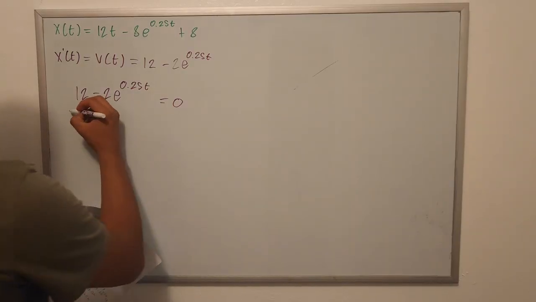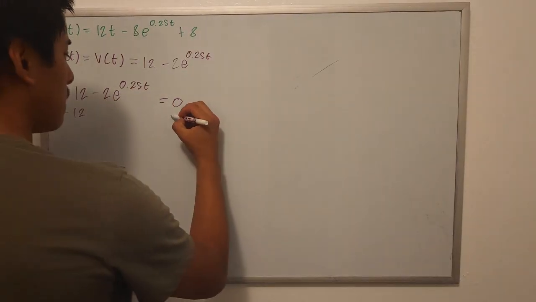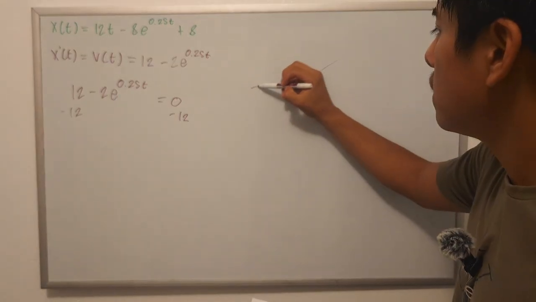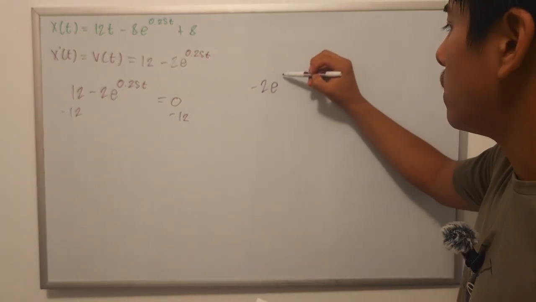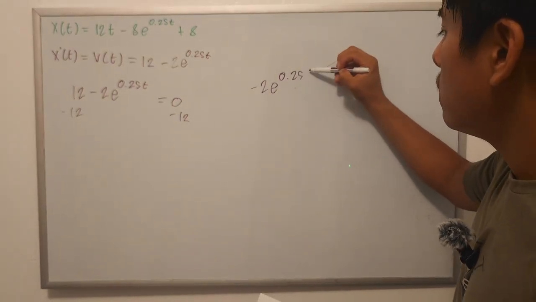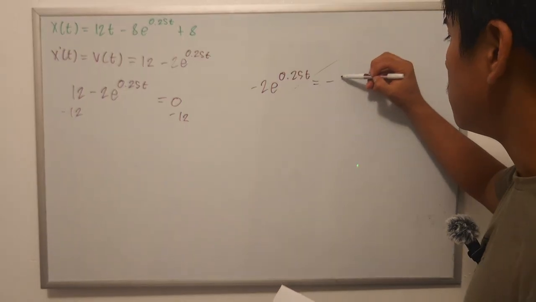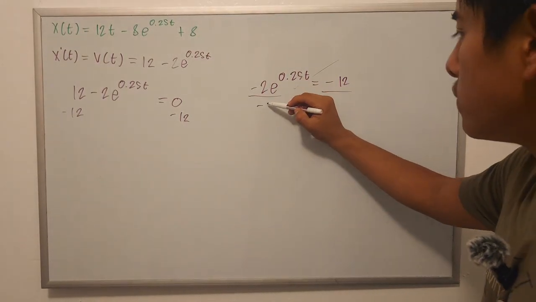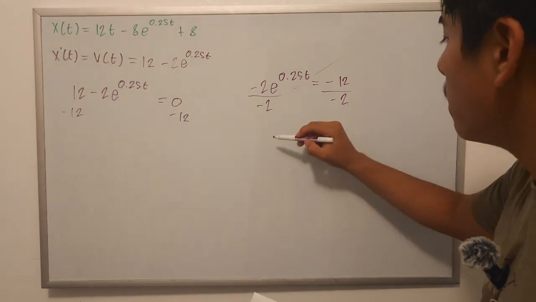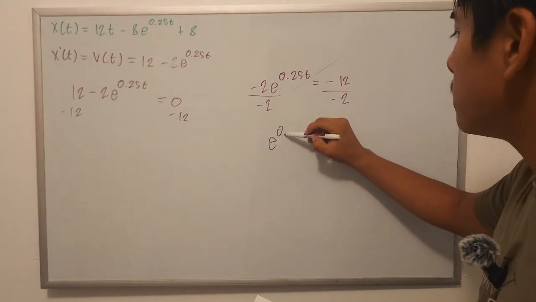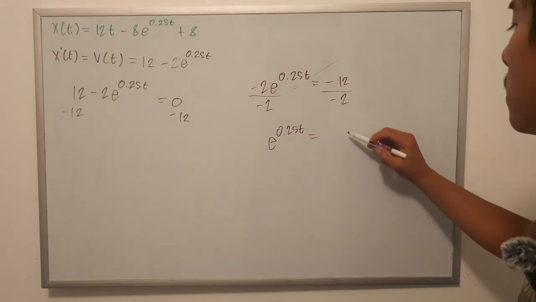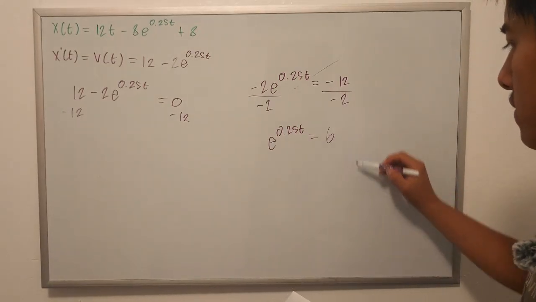So the first thing that we're going to do is subtract 12. That's going to get us negative 2e to the 0.25t equals negative 12. Then we're going to divide by negative 2. Now we have e to the 0.25t equals 6.